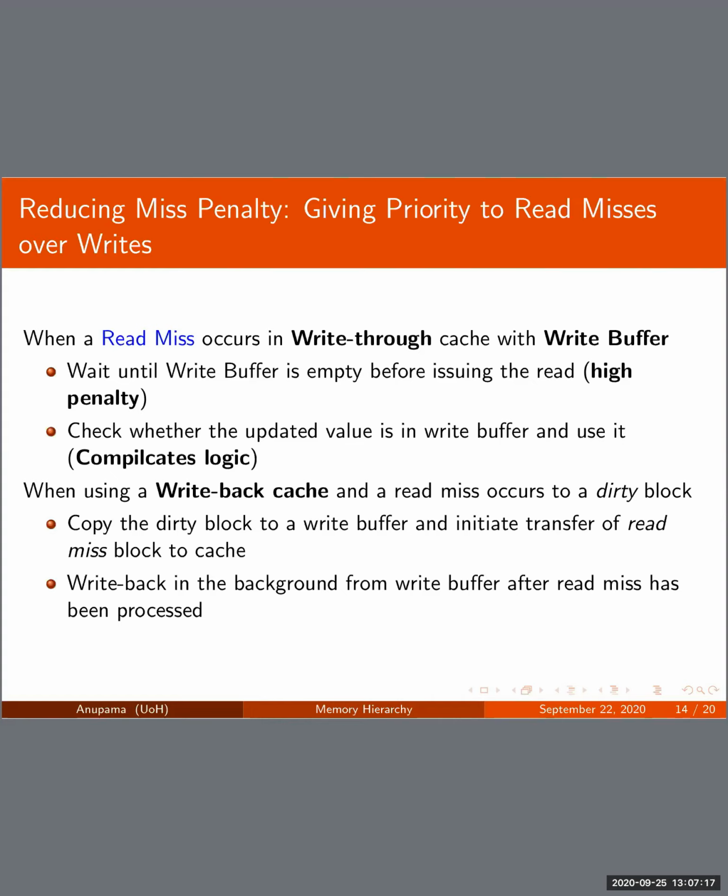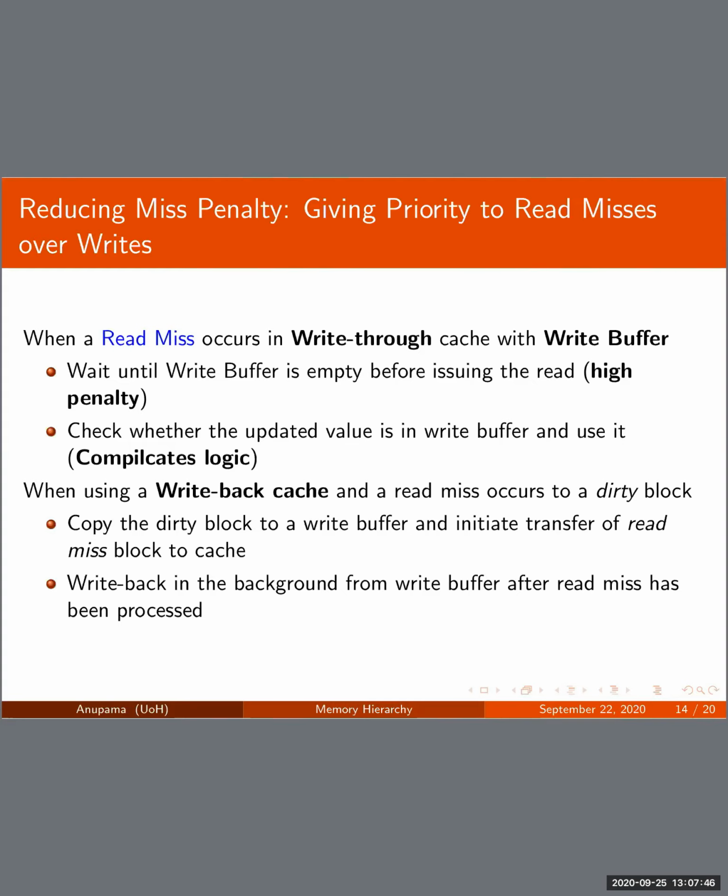And then you issue a second read, which again goes back to the old block. But that old block is not there, so it's a read miss. Now the updated value is not in the main memory because it's in the write buffer. It's not yet written back to the main memory. So if you read from the main memory, you're going to get the old value.